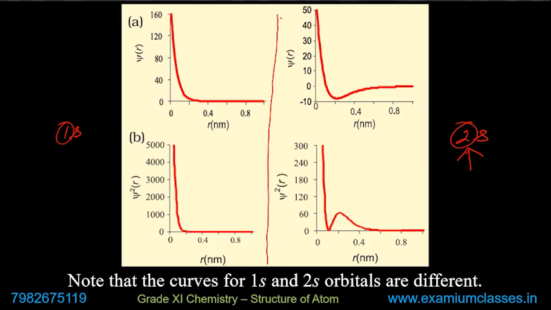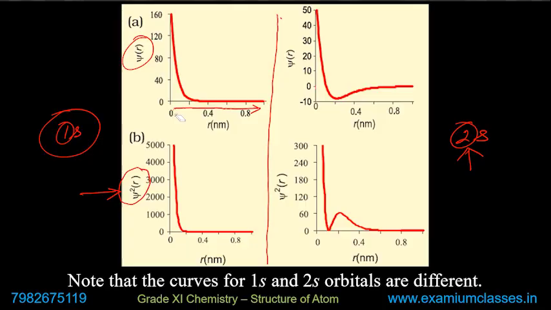So what we see is, if we move away from the nucleus, where 0 is the origin, the nucleus position, then psi is decreasing. This is psi, and this is psi square for the 1s orbital. We know that psi square will give us the electron density, not psi.